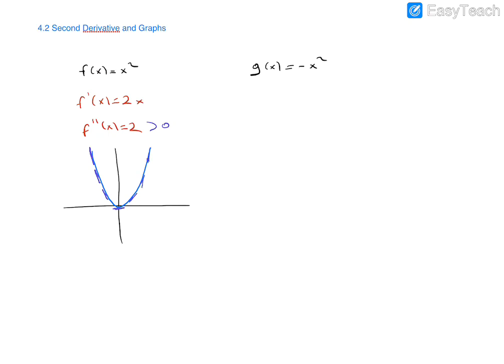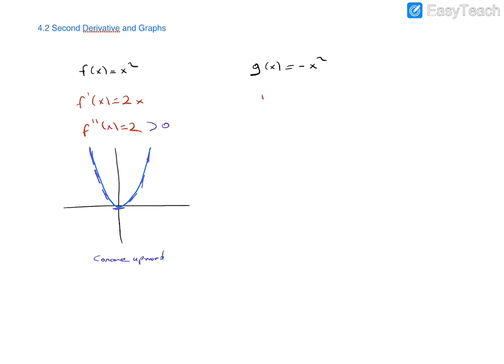So f prime is always increasing. This shape is called concave upwards. Okay, so when the second derivative is positive, the shape is concave upward.